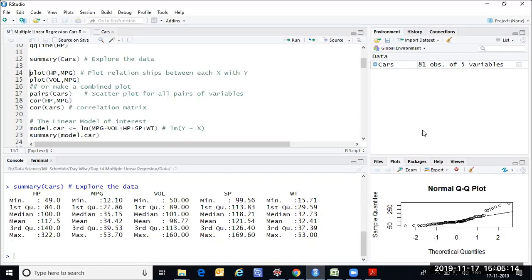What do you understand by looking at the basic stats? Don't tell me the minimum value, first quarter and all, because that we can anyway see. The distribution of the data.